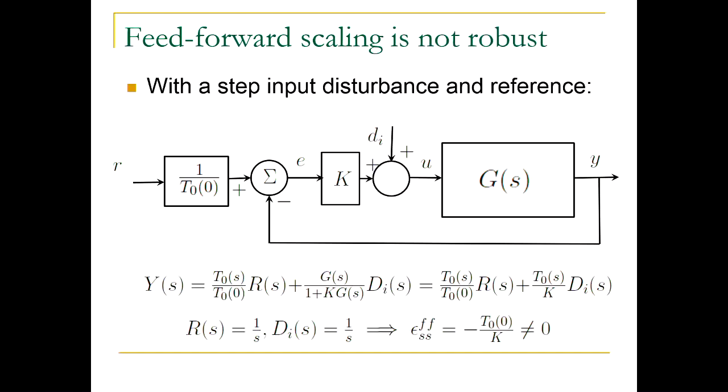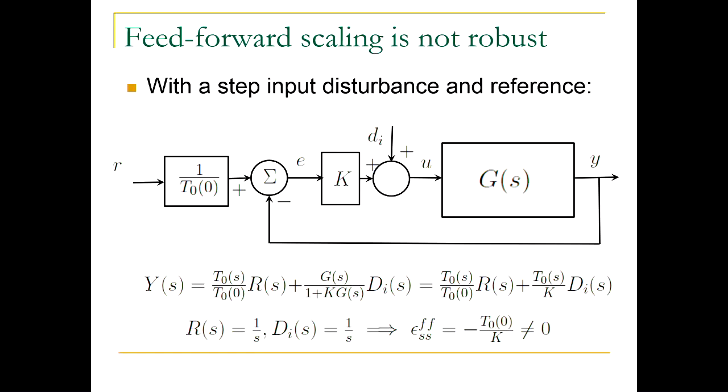So if I now have this hack, this pre-multiplication, this was there because I wanted to kill the effect of the reference, right? Reference was not giving me steady state error 0. But if I now have disturbance, I repeat all the calculations. If you do all the steps carefully and apply step disturbance and step reference, you would find that steady state error now is equal to this, which is now not 0.